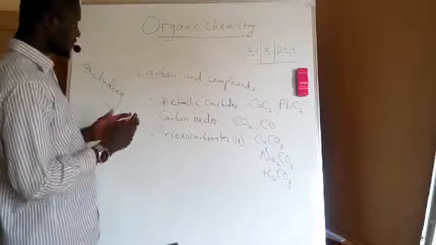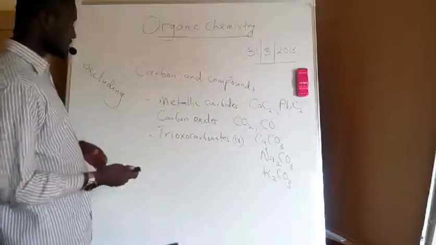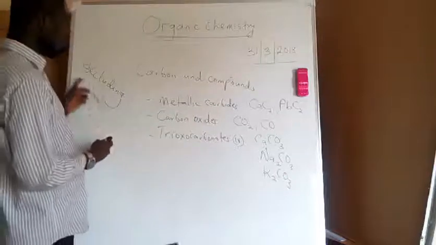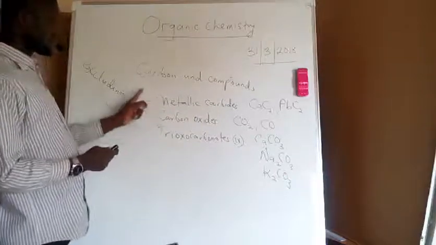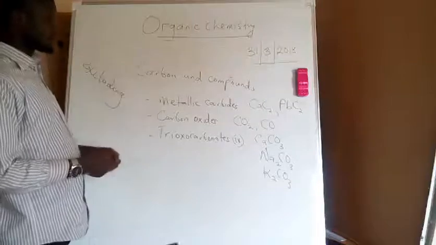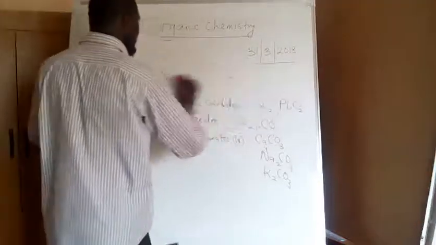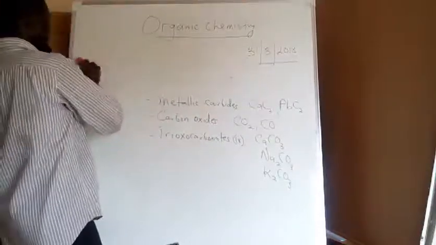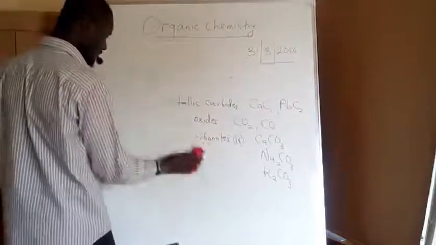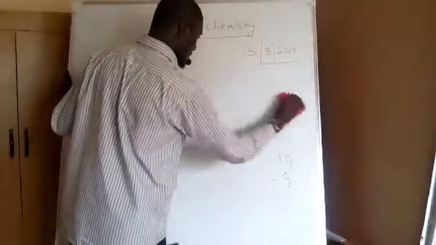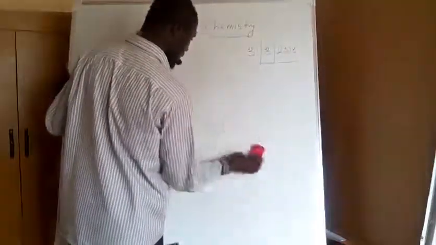So the first definition is amended into: organic chemistry is the chemistry of carbon and its compounds, excluding metallic carbides, carbon oxides, trioxocarbonates(IV). Now we have two definitions, the first one and the second one. We say the first one had an error because of this discovery, and the second one corrected the error.